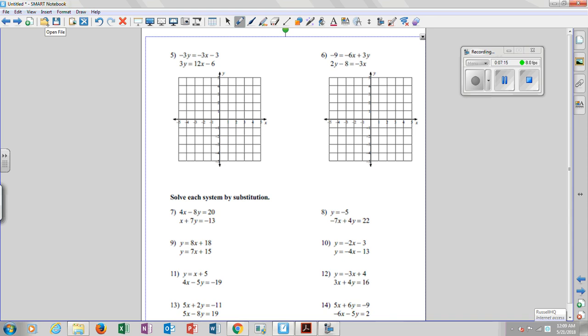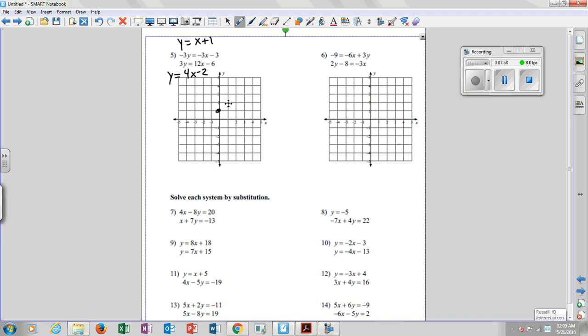Alright, number 5. Gotta get y by itself first. Divide by -3. You get y equals x plus 1. Divide by 3 in the second equation. You get y equals 4x minus 2.